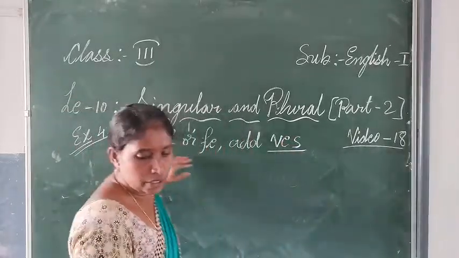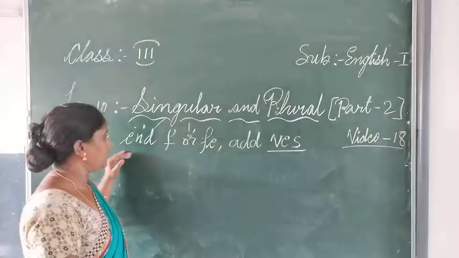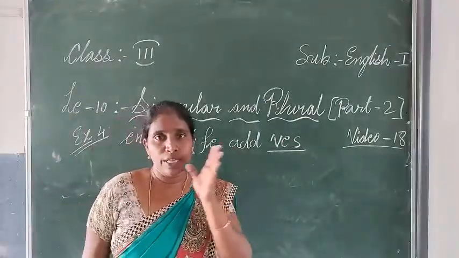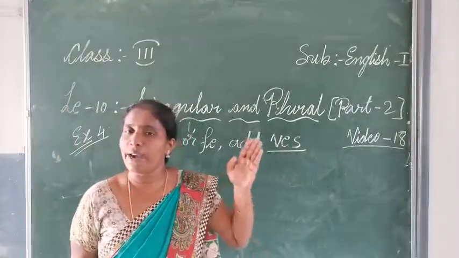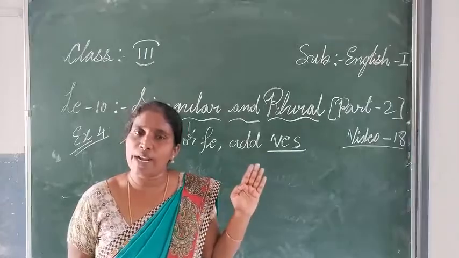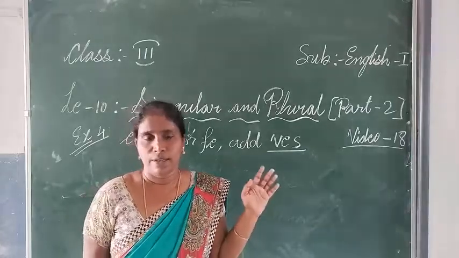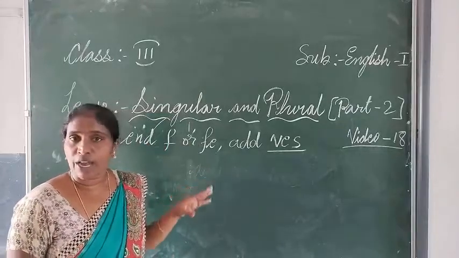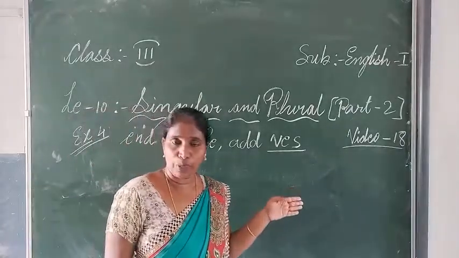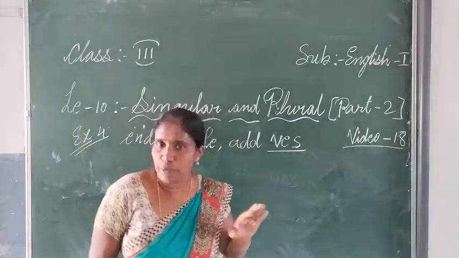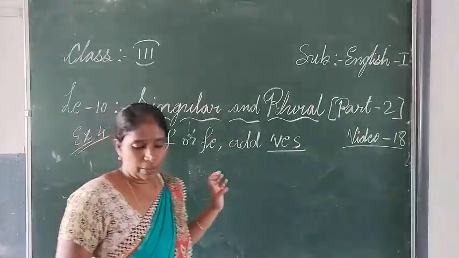So here, you will see some sentences and then we will see the exercise. Remember what we had before? In the place of Y, we added IES. And if a vowel is there before the Y, we have not removed the Y in plural; we only added S after the Y. Exercise number 3 we completed.